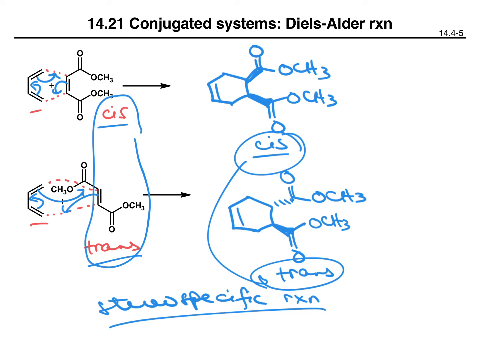All right, so here we are making two chirality centers, but because here we're starting out cis, we end up with cis, right? So we don't have a terrible mixture. We know what we're going to get. Now this reaction is also stereoselective, and there's a difference in the way the dienophile approaches the diene, but that goes beyond what we're going to cover in 106, so you don't have to worry about that.